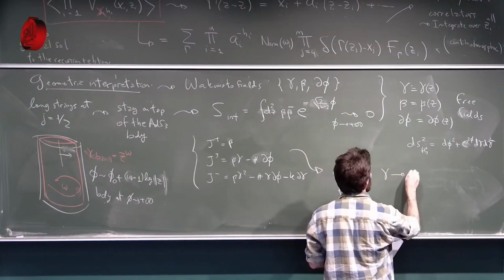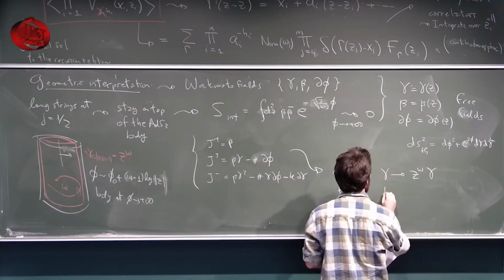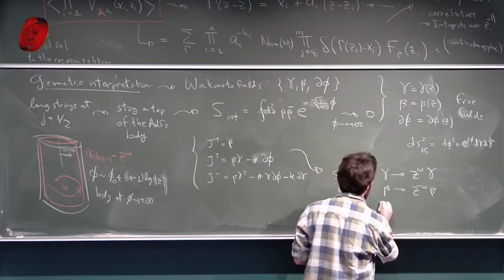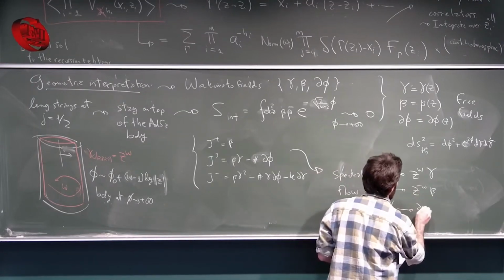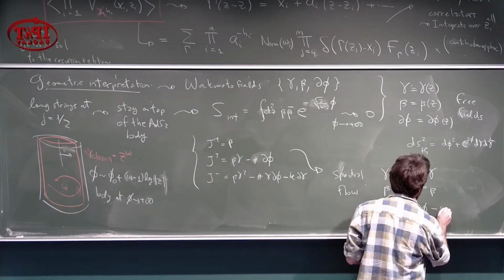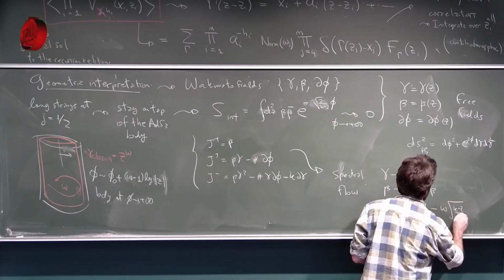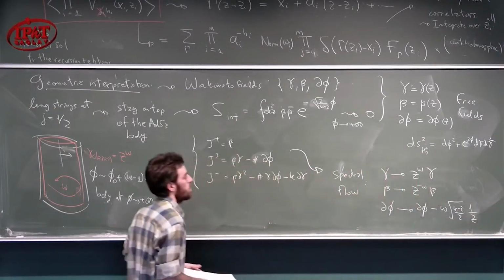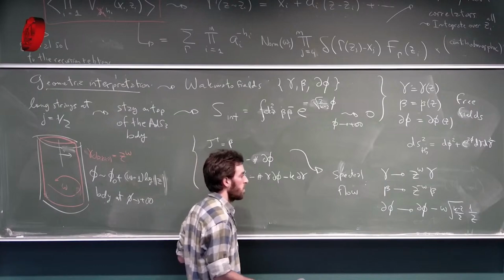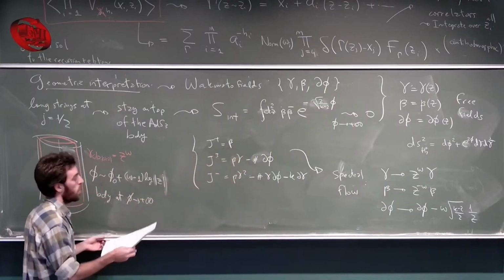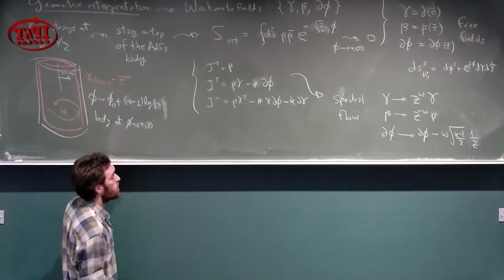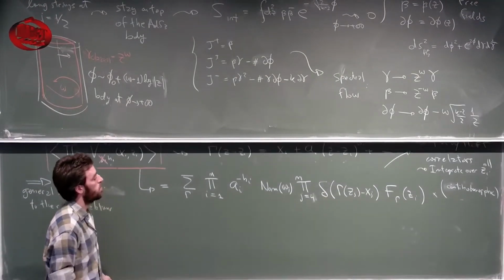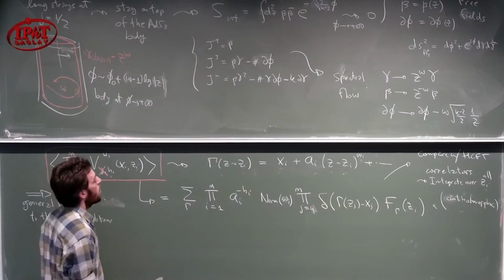I take gamma to z to the omega gamma, beta to z to the minus omega beta, and d phi shifted by minus omega root 2 over z. So this is what spectral flow does at the level of the Wakimoto field. And then from this I can compute what the OPEs are between spectrally flowed operators.